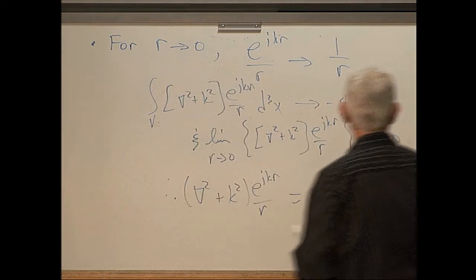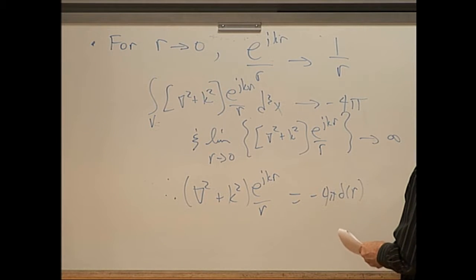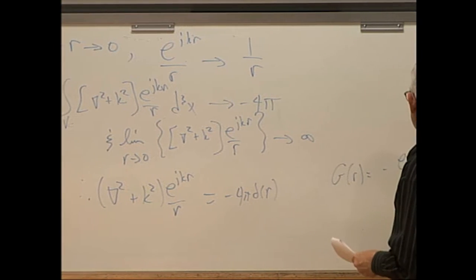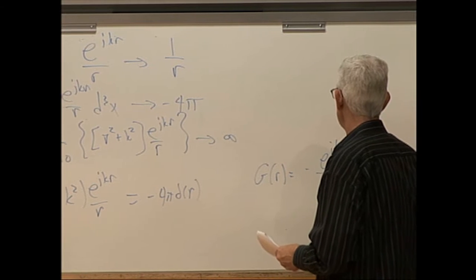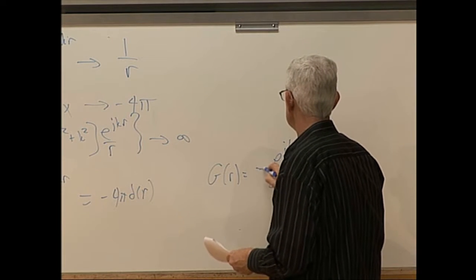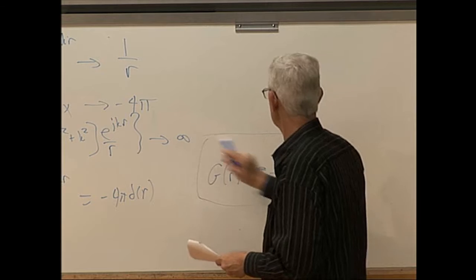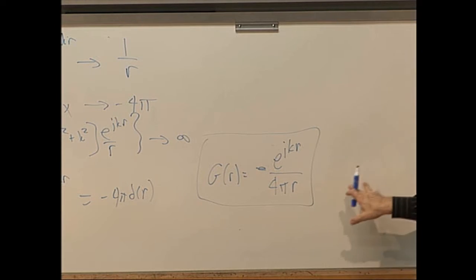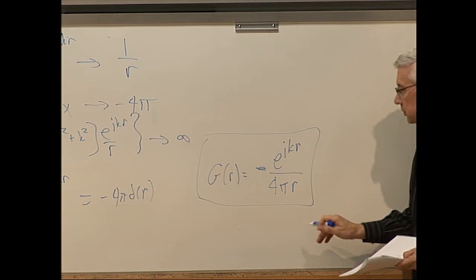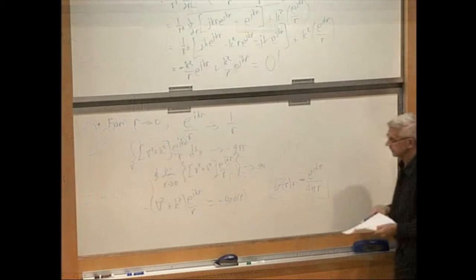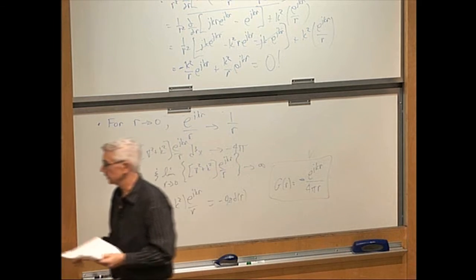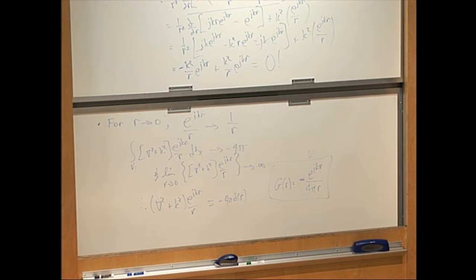So a good choice for our Green's function is minus e to the jkr over 4 pi r. And that's one of the components; we actually did two of these, but you can add these linearly. So to help you with your boundary conditions, this is exactly what we did. So this verifies that the Green function actually does satisfy the driving equation.